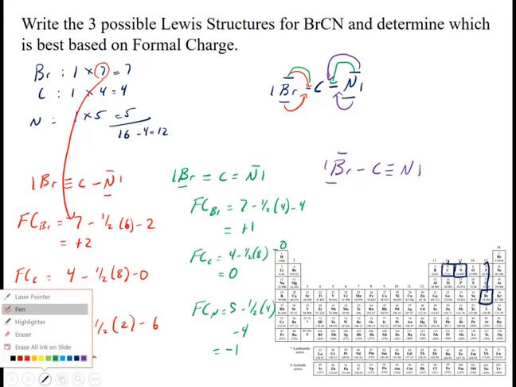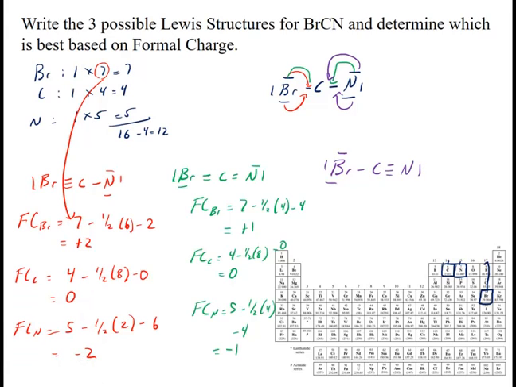Okay, and now I'm going to stop doing carbon because carbon you see is 0 and 0. In all three of these structures, carbon has 4 bonds and 0 lone pairs. So the formal charge on carbon is going to stay 0. The formal charge of bromine is 7 minus 1/2.